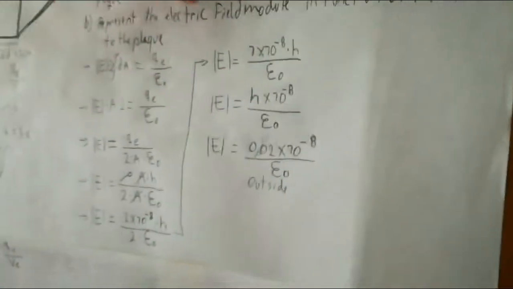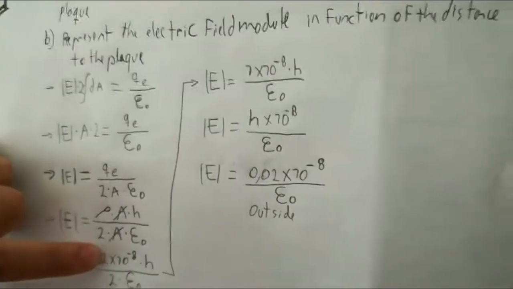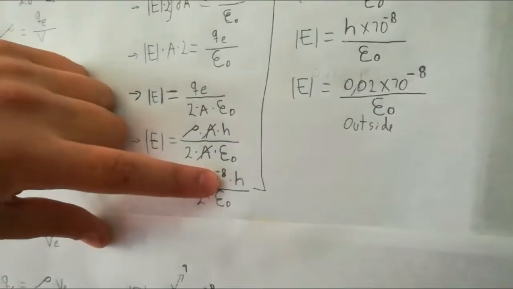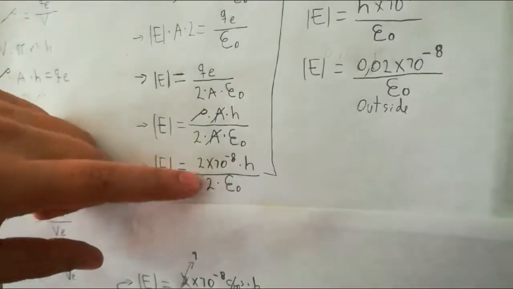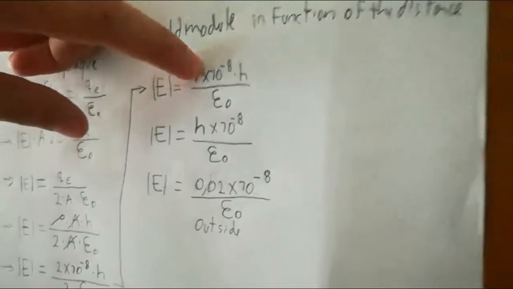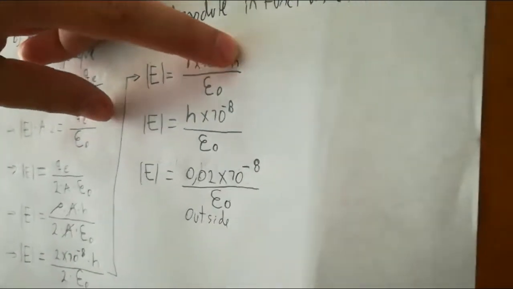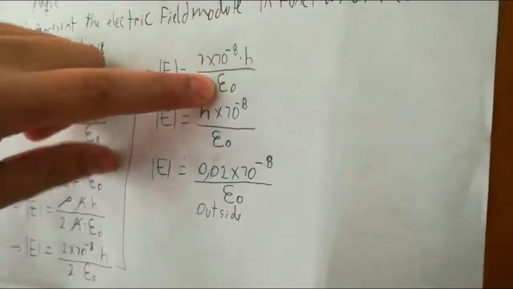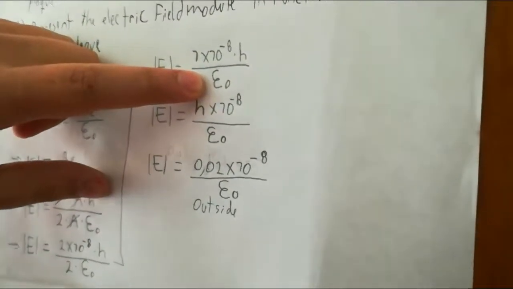We continue over here and we divide 2 multiplied by 10 to the power of minus 8 over 2, so we get 1, and this is still multiplied by H and divided by the permittivity of the vacuum.